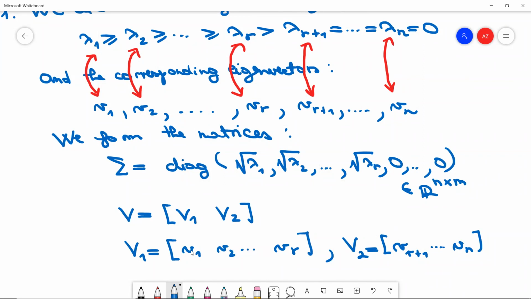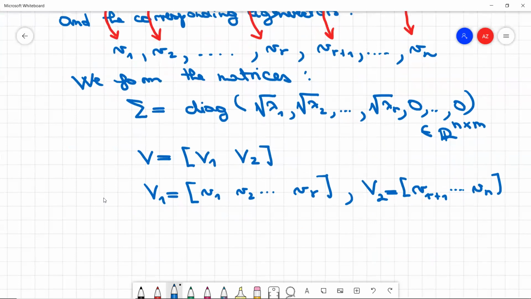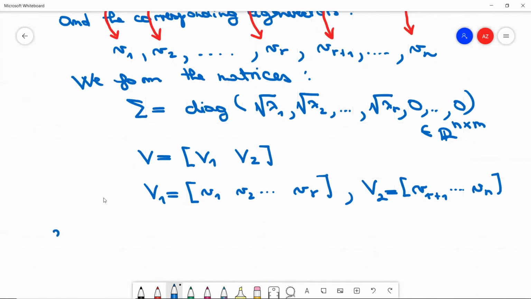Based on the computation above, we know that U1 is A V1 over the norm of A V1. We know that the norm of A V1 is just sigma 1.